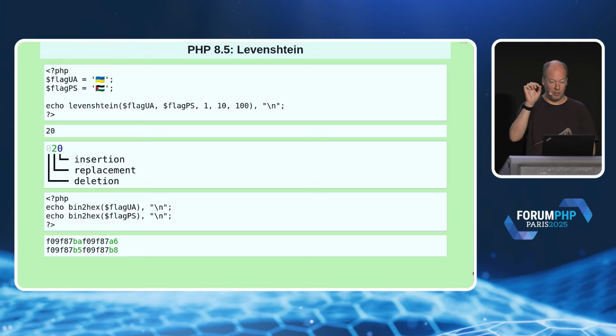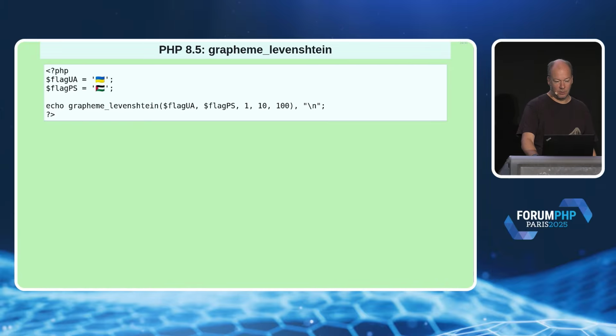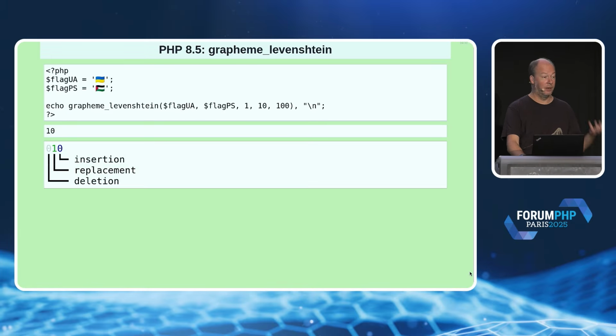So the first one would be UA, and the second one would be PS, and because these are each different, you get 2 differences out of this. We don't want that. So 8.5 introduces grapheme Levenshtein, which does the same thing but correctly, and then obviously you get 1 out of that because only 1 logical character has changed.